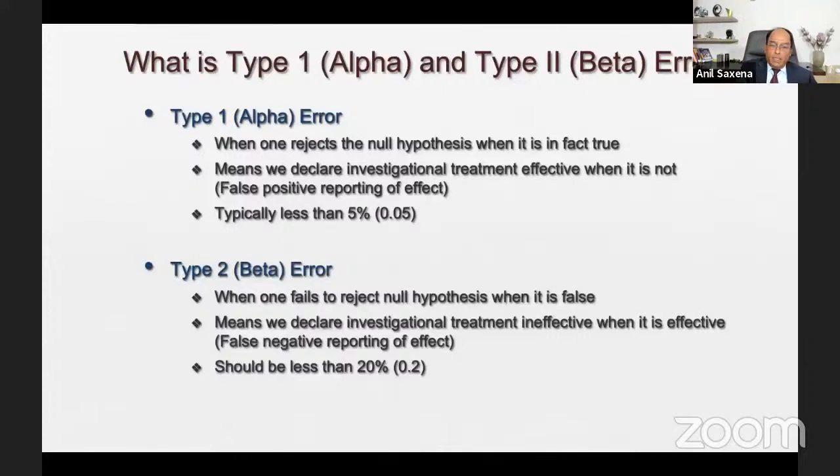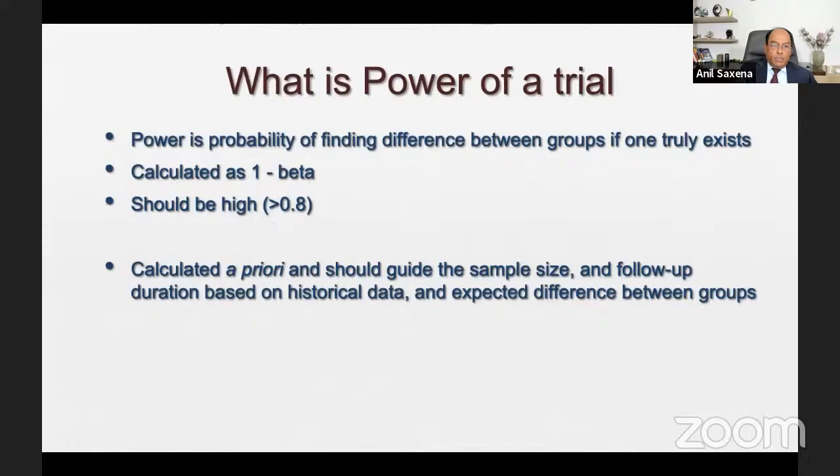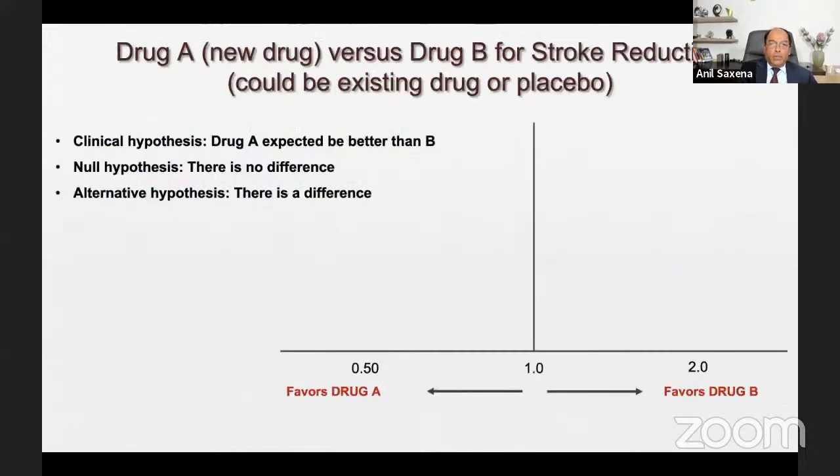What is beta error? What is the statistical power, which is basically 1 minus beta? So it should be high statistical power, 0.8, which means 80% or more. And this will guide us about the sample size and the follow-up duration based on the historical data, which means you have certain expected percentages, and depending on that, you calculate it.